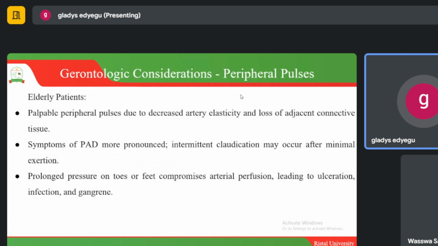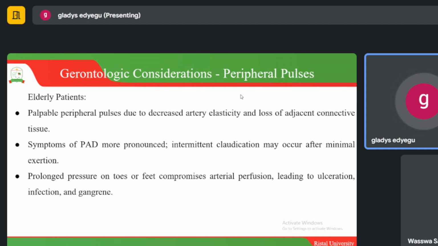I want us to talk about this also, especially in the elderly. The gerontologic considerations, what we consider in old age, the peripheral pulses. So the elderly patients have palpable peripheral pulses due to decreased artery elasticity and loss of adjacent connective tissues. And we said when someone grows old, all the systems in our bodies also degenerate, including the circulatory system, the respiratory system, the musculoskeletal and all other systems that I have not mentioned.